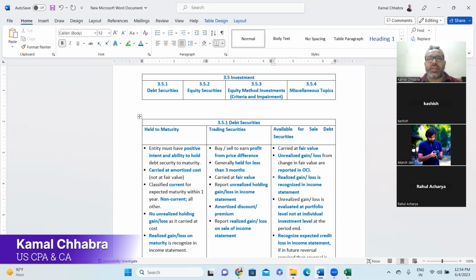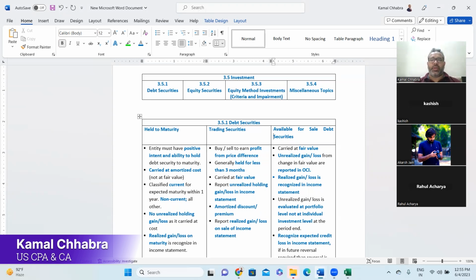So you have purchased certain debt security, right? Not for trading purpose, and you are not in a position to hold them till maturity. Then you want to sell them. So those securities you keep in the financial statement as available for sale. Yes. That means you wish to sell them.